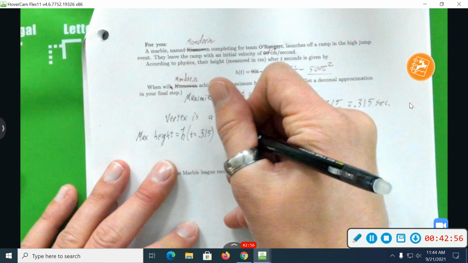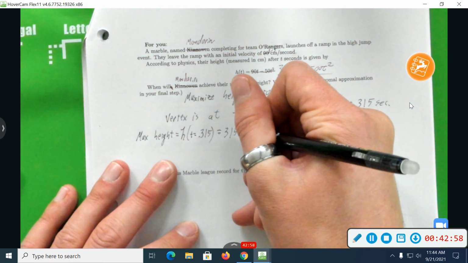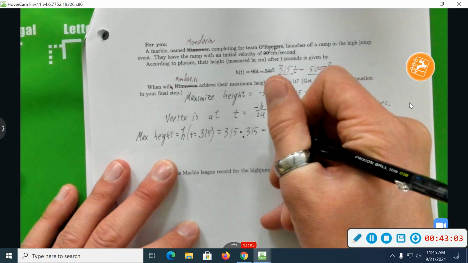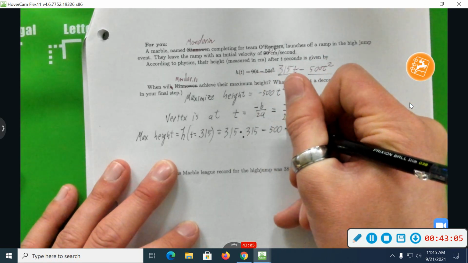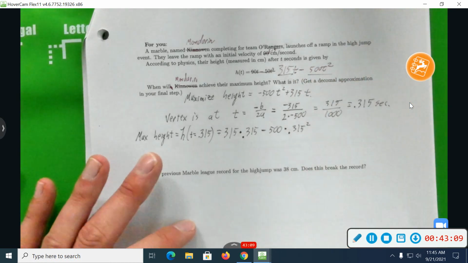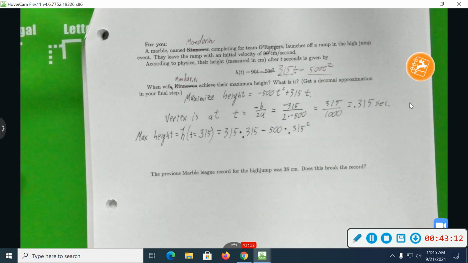Cool, so that's 315 multiplied by 0.315 minus 500 times 0.315 squared. Cool.